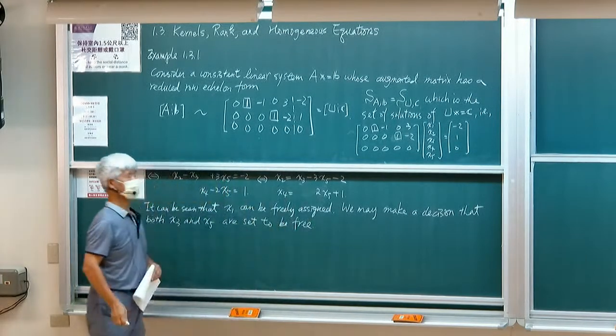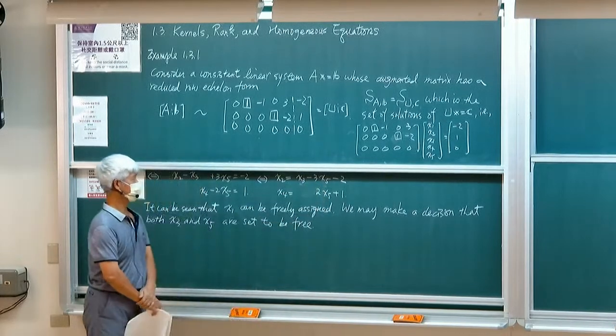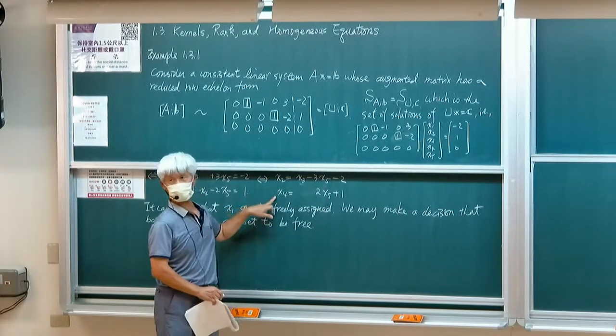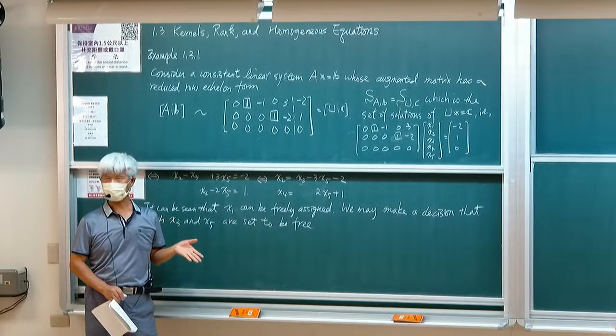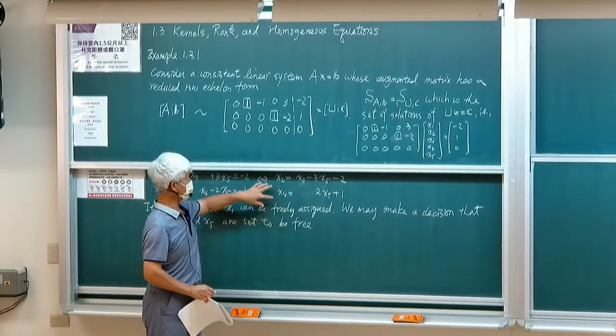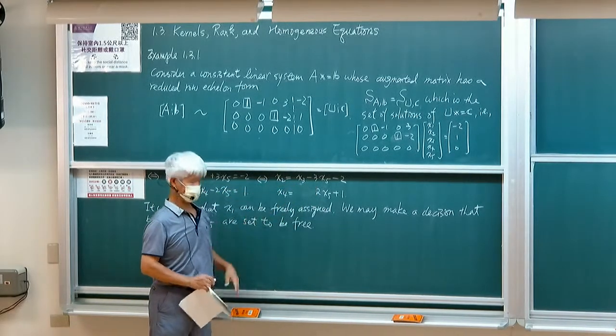Okay? So we set x3 and x5 to be free. But once we set x3 and x5, then x2 and x4 will be determined. Because when we express x2 and x4 in this way, we are saying that x2 will be dependent on x3 and x5.